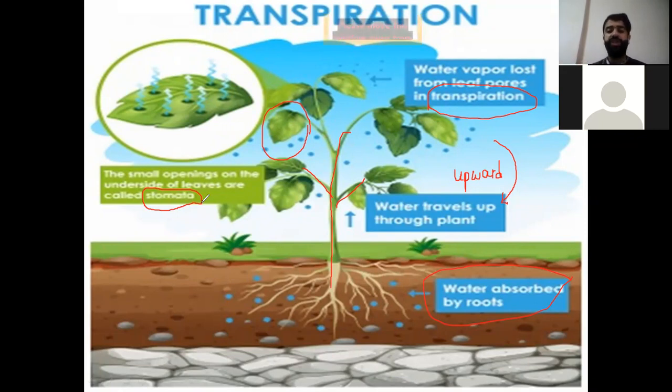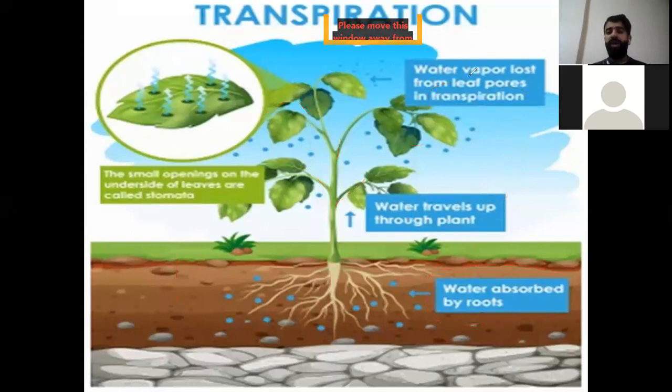We have vaporization; it's called transpiration in the plants, where the plant loses water through small openings. These are called the stomata. Stomata are the small openings on the underside of the leaves.